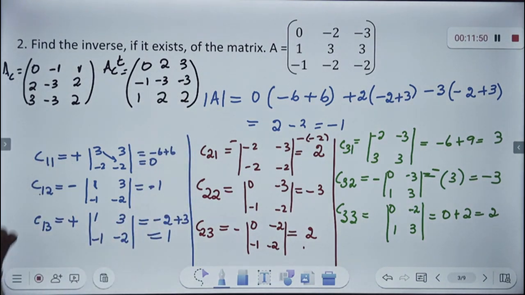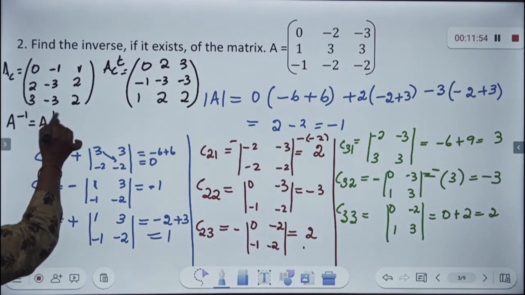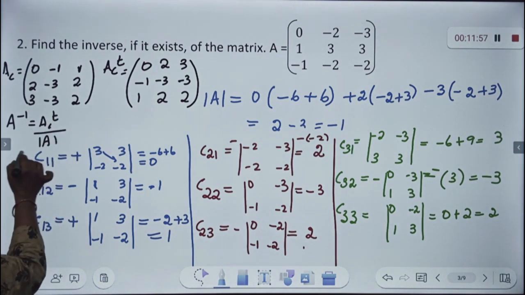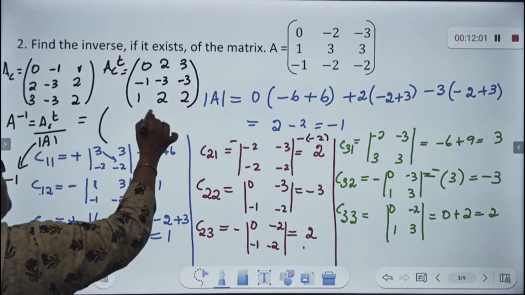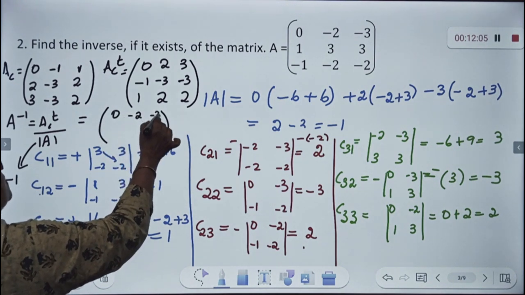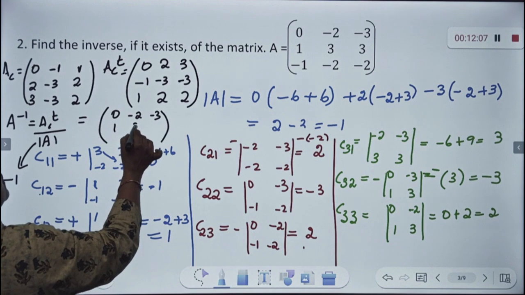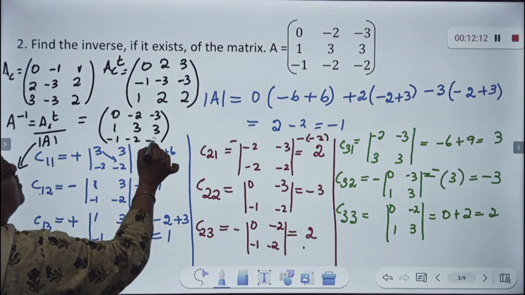But what is A inverse? C transpose divided by determinant of A. Determinant of A is minus 1. So this will become 0, minus 2, minus 3, 1, 3, 3, minus 1, minus 2, minus 2.